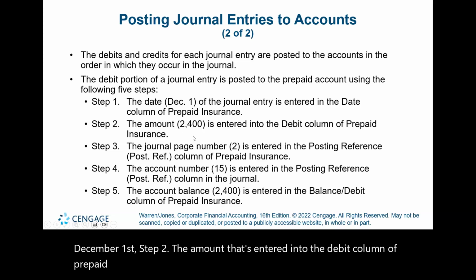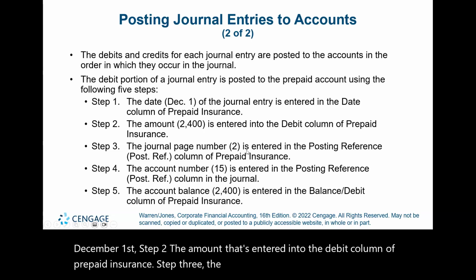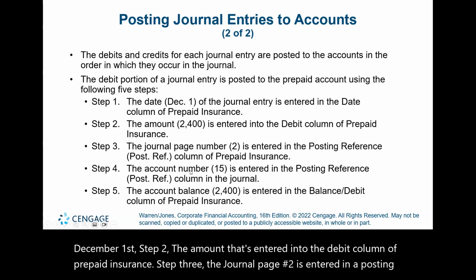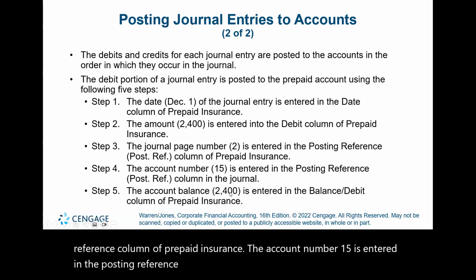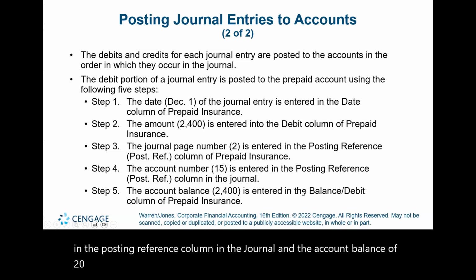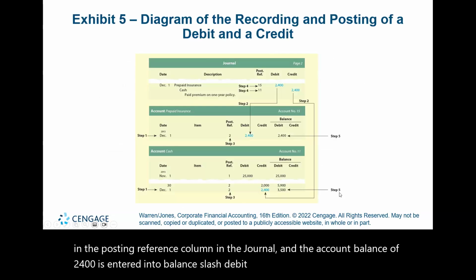Step 3, the journal page number 2 is entered in the posting reference column of prepaid insurance. The account number 15 is entered in the posting reference column in the journal. And the account balance of $2,400 is entered in the balance/debit column of prepaid insurance.